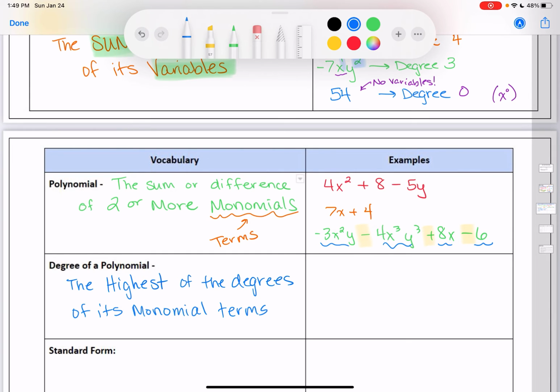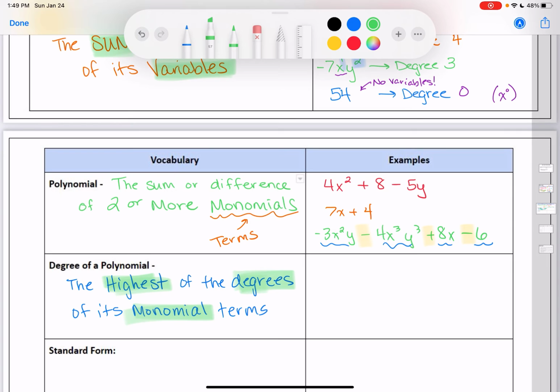So basically, you would find the degree of each one of its terms, and then the highest one of those is the degree of the whole polynomial. So it is the highest of the degrees of its monomial terms. Okay, and remember the degree of a monomial is the sum of the exponents of its variables.